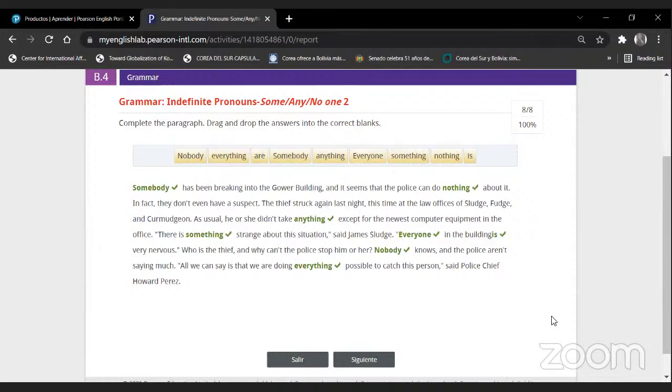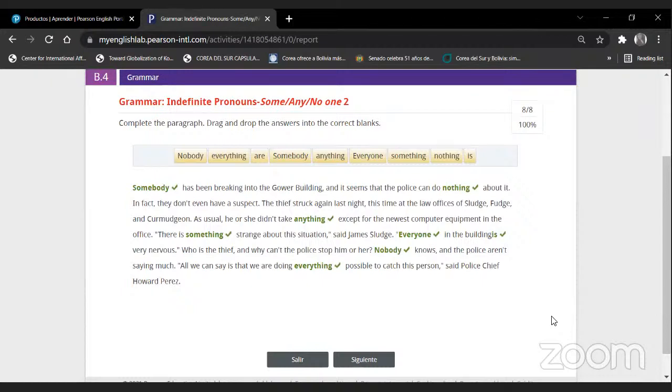Perfect. So about this grammar, do you have some questions, some doubt or something, Gabby? No, it was just that it doesn't make sense to me when I said it like everyone in the building is very nervous, but the third person can be maybe in plural.